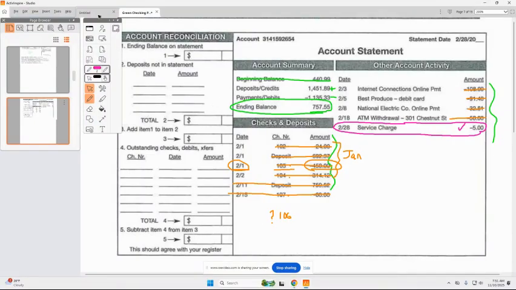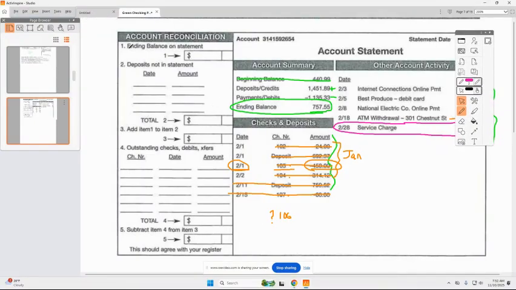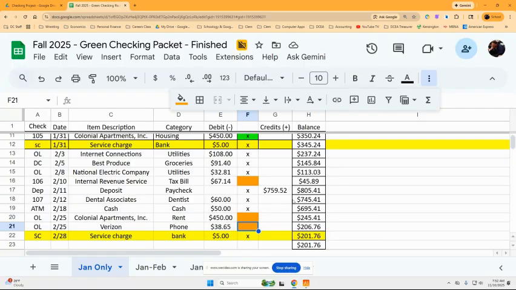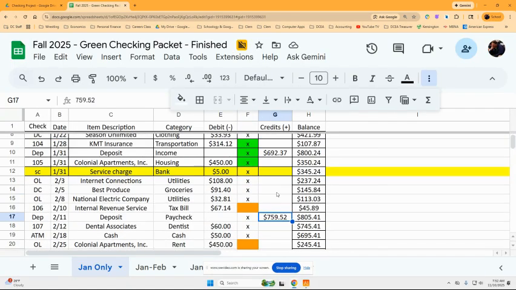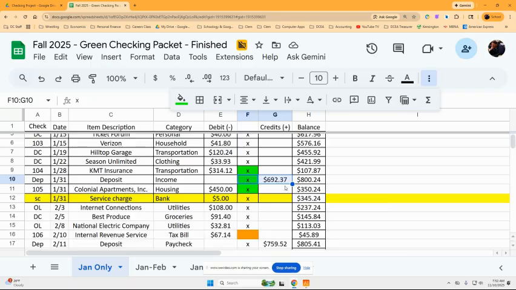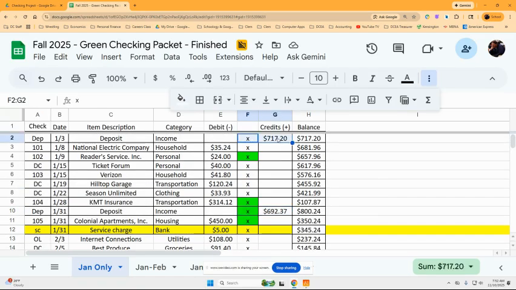So let's run through the process. Ending balance on statement. Well, the bank thinks I've got that number right there, $757.55. Step 2, are there any deposits missing? Nope, that deposit is accounted for, that deposit's accounted for, that deposit's accounted for.